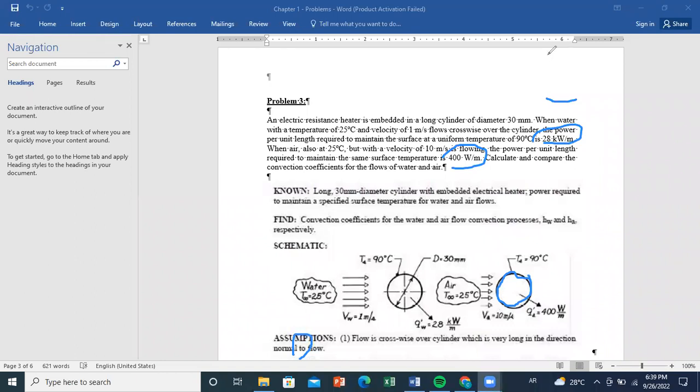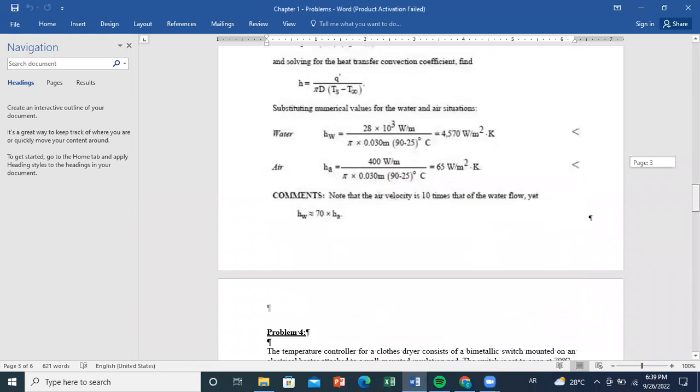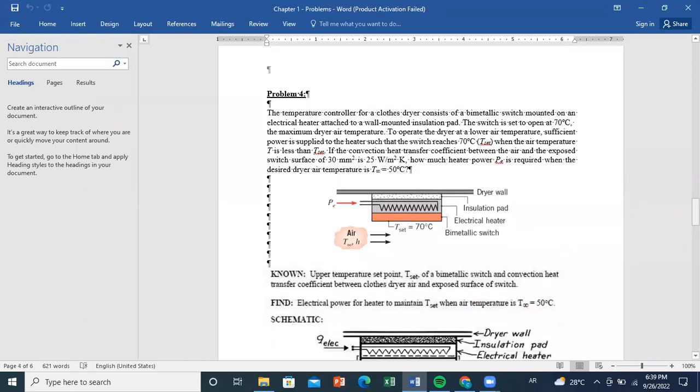Okay, so let us do another problem. The following temperature controller for a clothes dryer consists of a bimetallic switch mounted on an electrical heater attached to a wall-mounted insulation pad. The switch is set to open at 70 degrees, which is the maximum dryer air temperature.